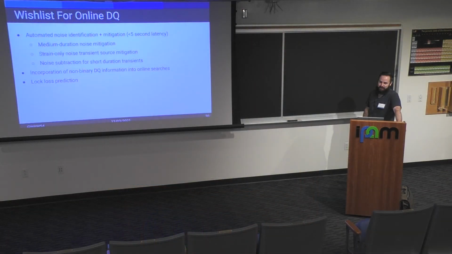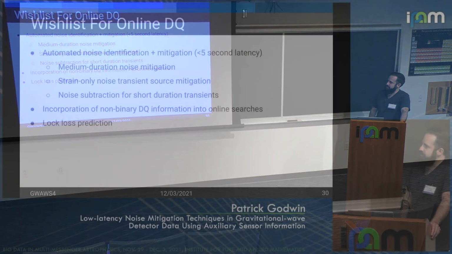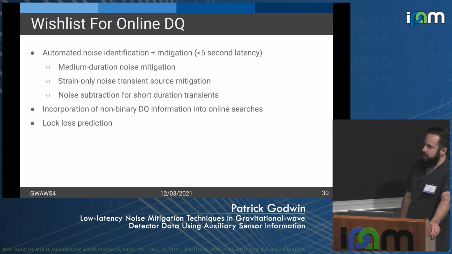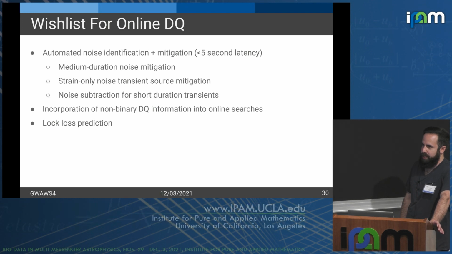So the final slide I have here is kind of a wish list for online data quality. What I'd love to see here is more tools in this whole automated noise identification and mitigation section. Basically, how can we feed in more information for the searches so that they're better informed, and we can reduce things like alert retractions. So, for example, medium duration noise that I talked about earlier: IDQ is pretty good at identifying very short duration transients.